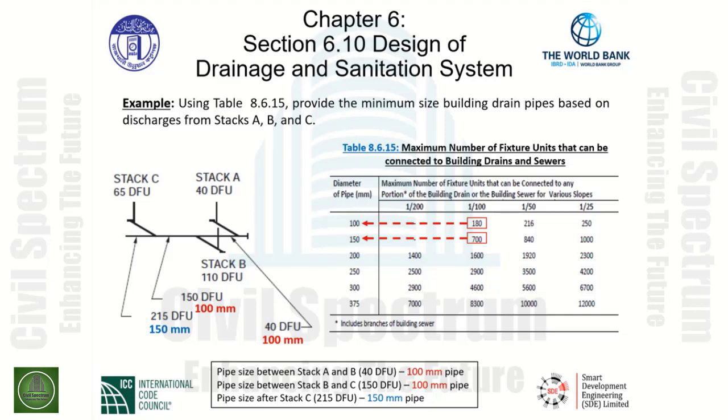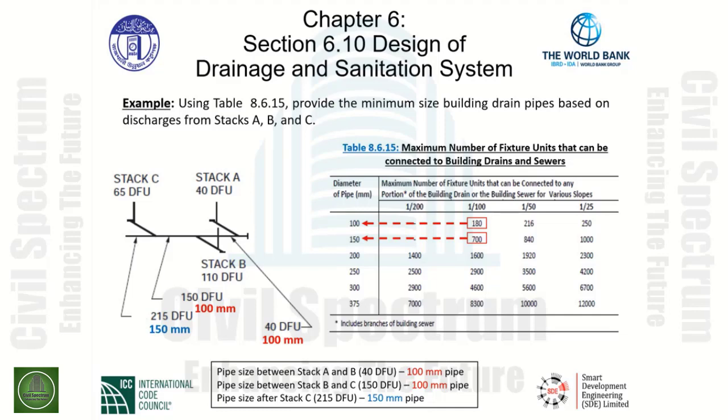Our next segment of building drainage pipe is between stack B and stack C. This has a fixture unit value of 150 drainage fixture units. Again, we come to the table and utilize the slope of 1 in 100.